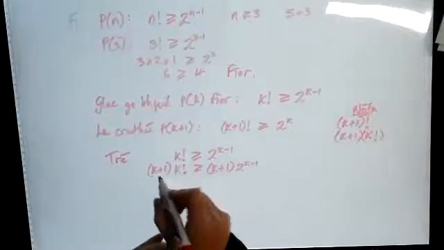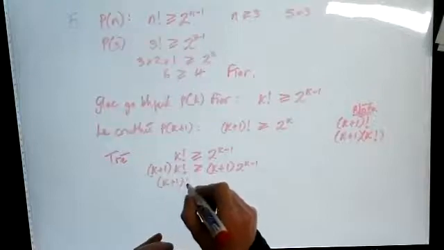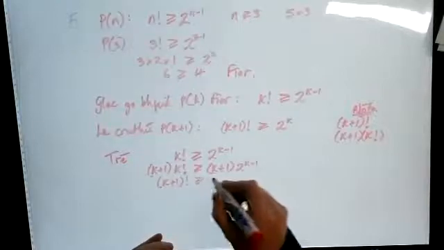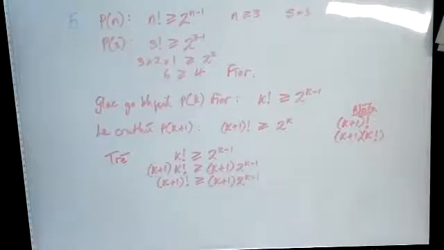So (k plus 1) factorial equals (k plus 1) times k factorial. Since k factorial is greater than or equal to 2 to the k minus 1, (k plus 1) times k factorial is greater than or equal to (k plus 1) times 2 to the k minus 1.